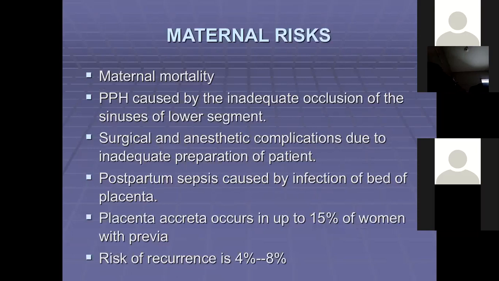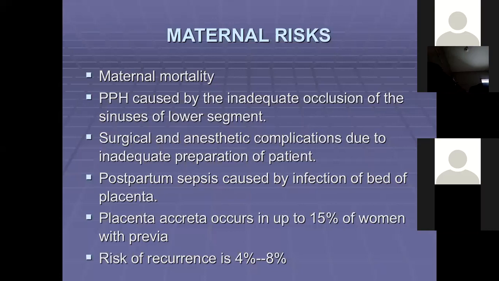Now, what are the effects of placenta previa? Maternal risks: yes, there is risk of maternal mortality. The mother can die in this condition because she develops heavy bleeding during pregnancy, even after the delivery of the baby, meaning after the cesarean section, because multiple sinuses are formed at the lower segment of the uterus.